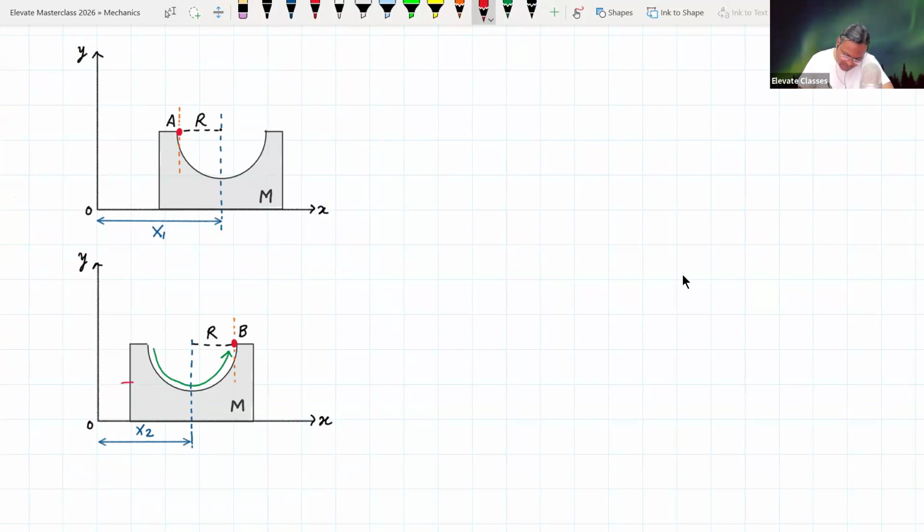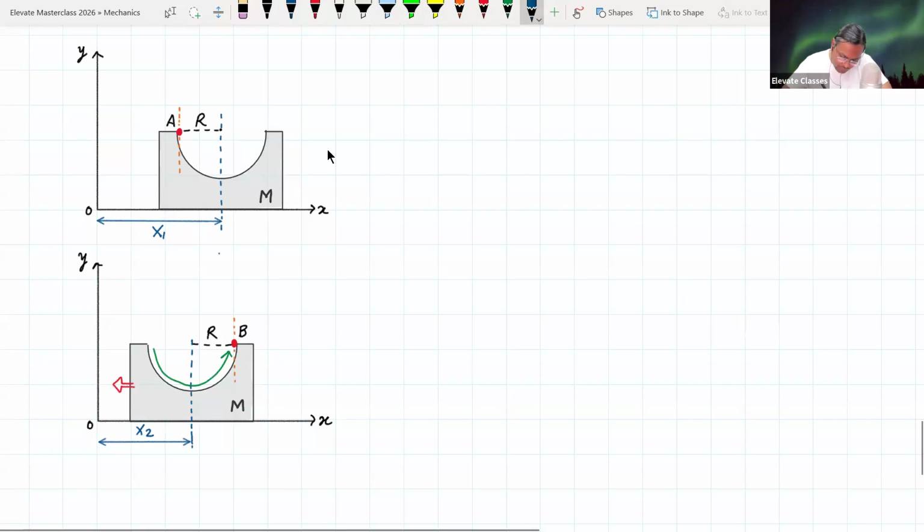Can you see that? As a result, the large mass has shifted to the left. So the point mass has shifted to the right and the large mass has shifted to the left to make sure that the center of mass of the entire system remains the same.